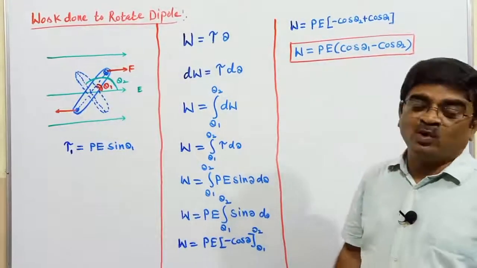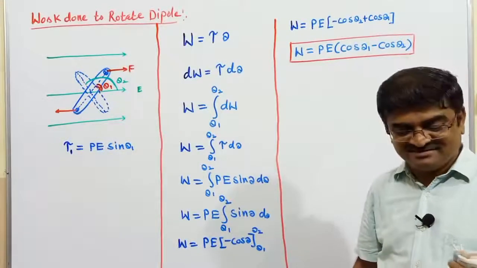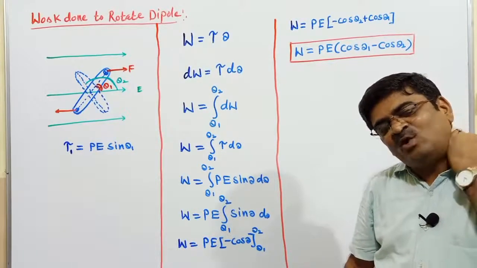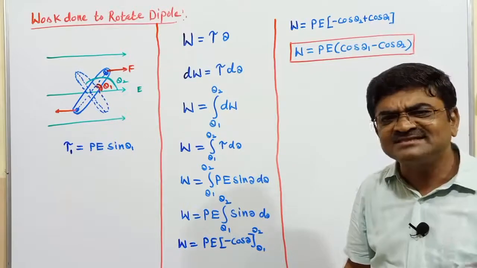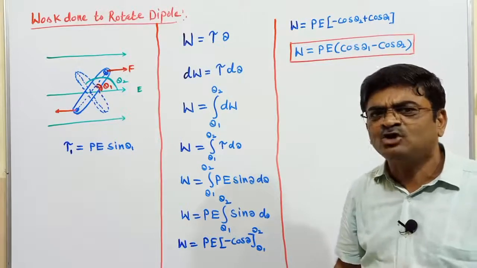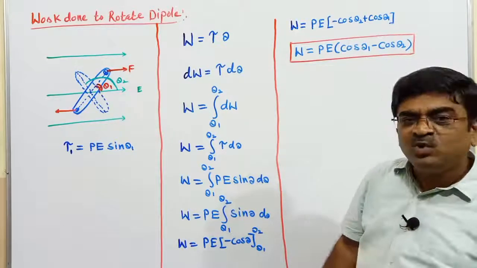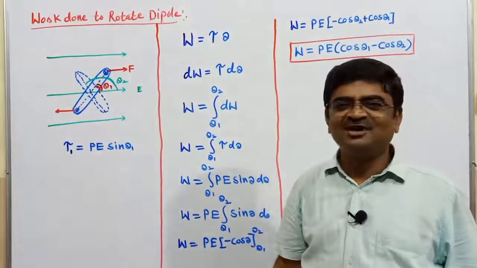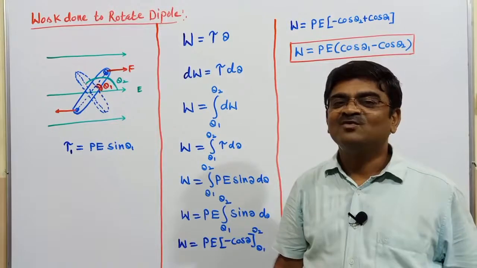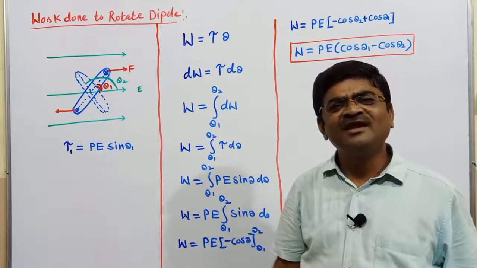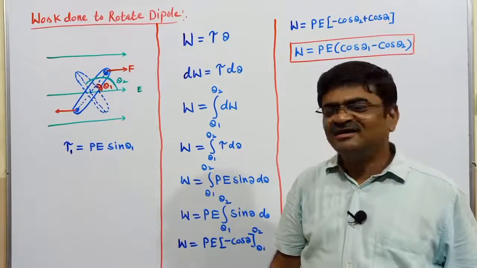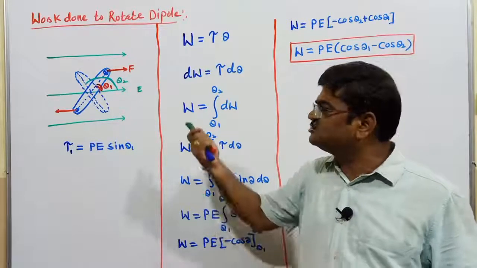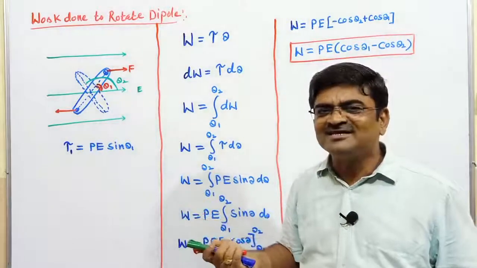Once I am done with this, children, remember that whatever work is done against or by that force or torque, as per the work energy theorem, such work done will result in a change in mechanical energy. Here the mechanical energy is definitely involved. There is no kinetic energy, only potential I can say.